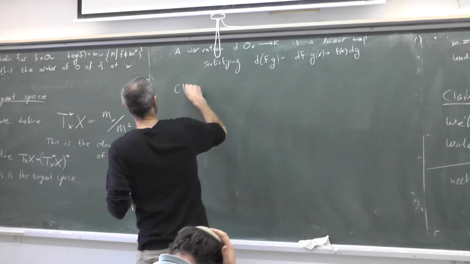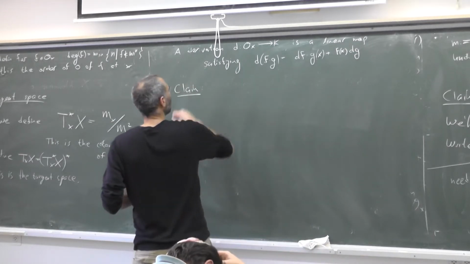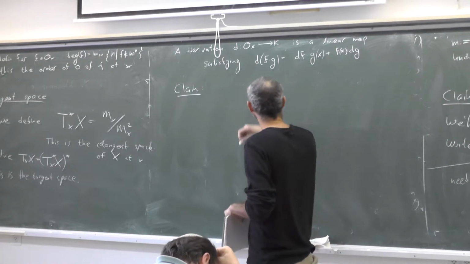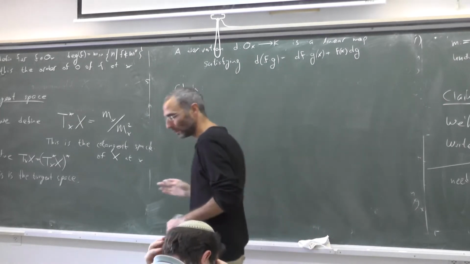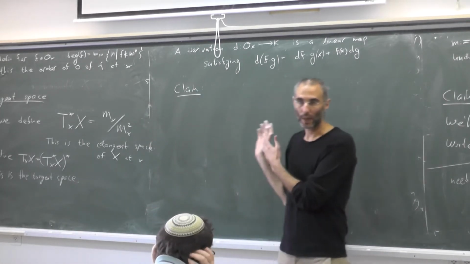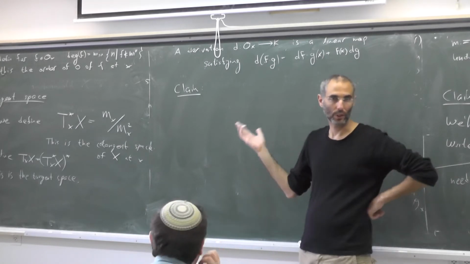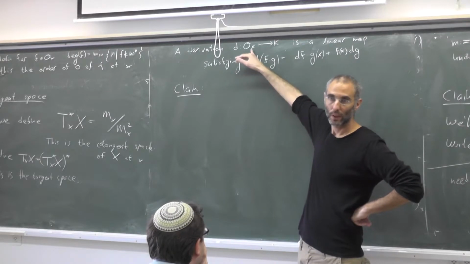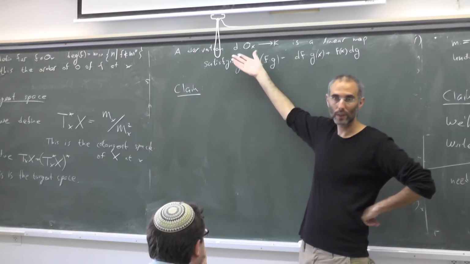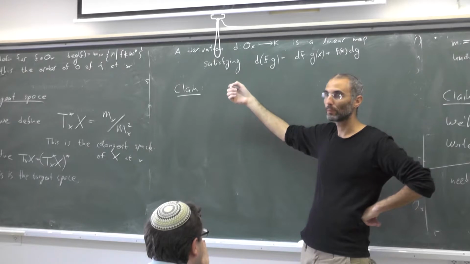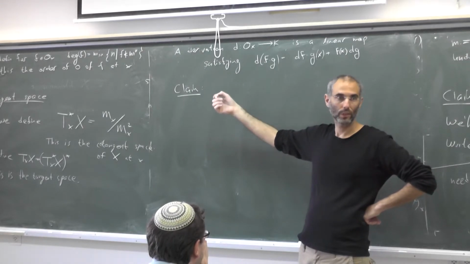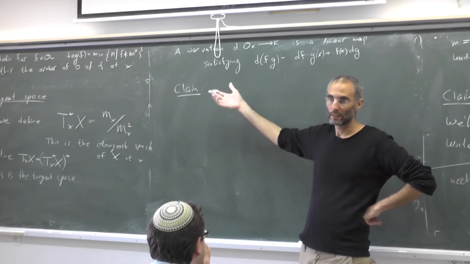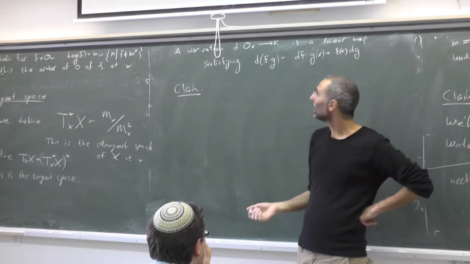Claim. I should say again, I assume that most of you have seen this in differential geometry or somewhere. If you think about real manifolds, derivations are just directional derivatives at the point.